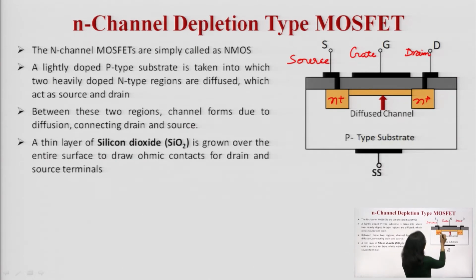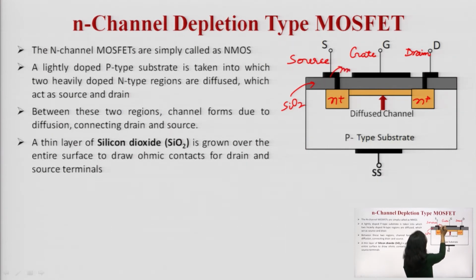Over here, upon this an oxide layer is deposited, SiO2. This SiO2 layer provides the insulation between the gate and the substrate, and for these wires to be created, a metal is to be deposited over here.